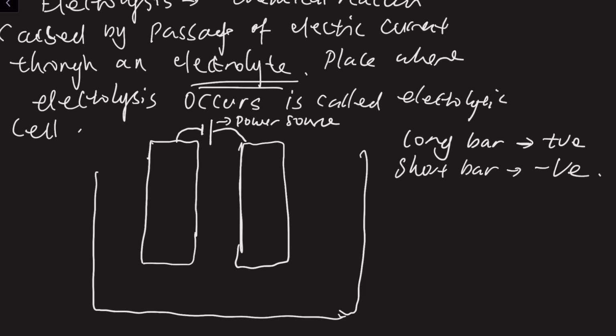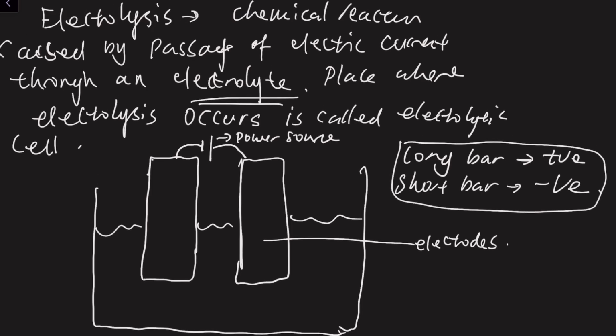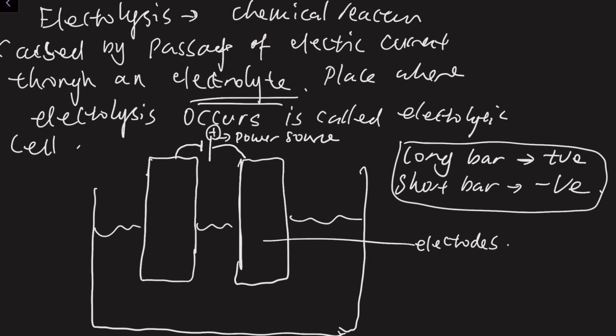You need to remember this, otherwise you will be confused. We still have the electrodes, and let's look at the polarity of the electrodes. We know that the long bar represents the positive side, the short bar represents the negative side.